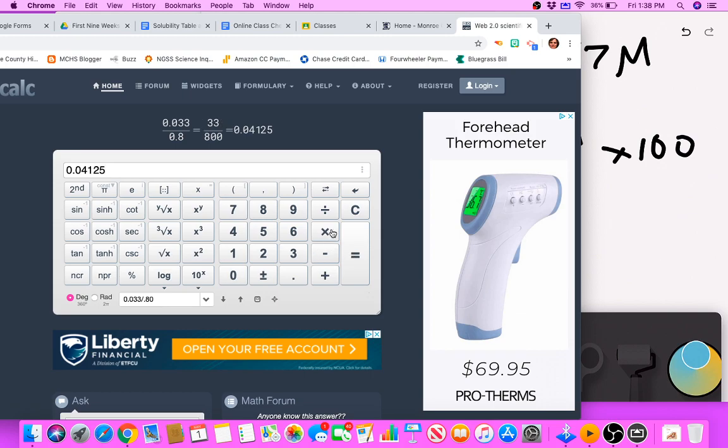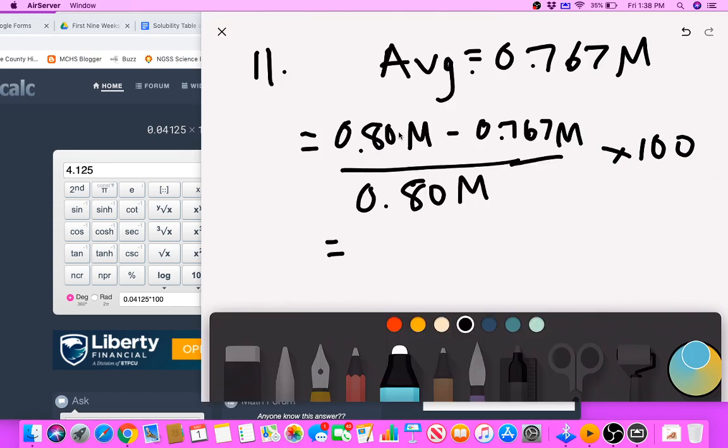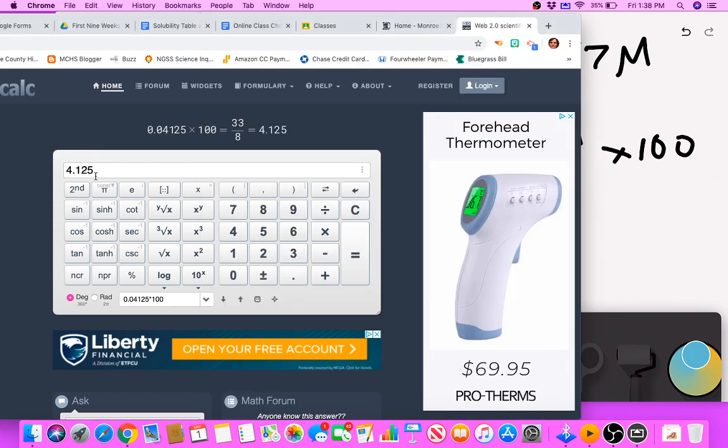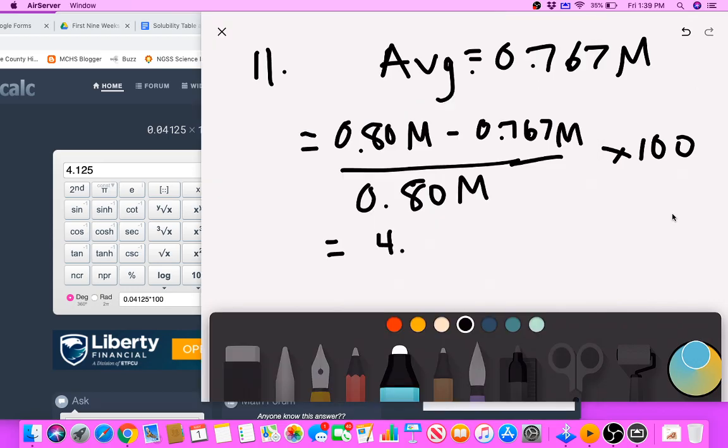Now we've got to multiply that times 100. And we get 4.125, but again, we've got to look at significant digits. If we look at that 0.80, it has only 2 significant digits. So we're going to round this to just 2 significant digits. So 4.1, the 2 does not change the 1. So we get 4.1, and this is percent. 4.1% error is our final answer.